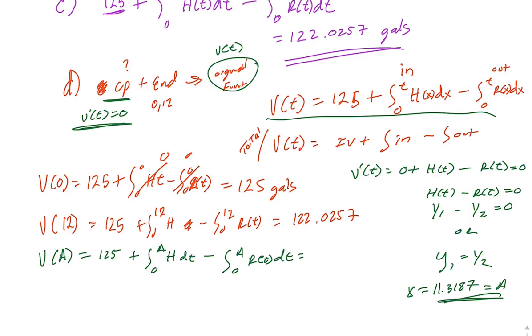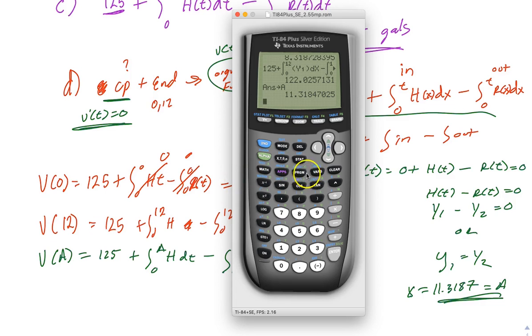Typed into our calculator. So I'm going to get 125 plus the integral from 0 to alpha A of y1 dx minus the integral from 0 to alpha A of y2 dx.